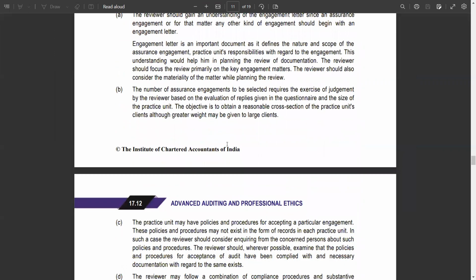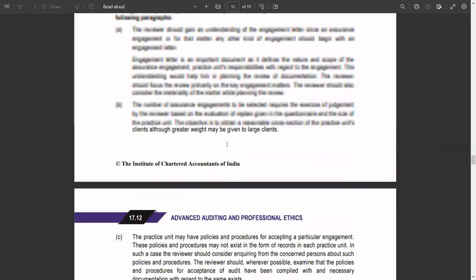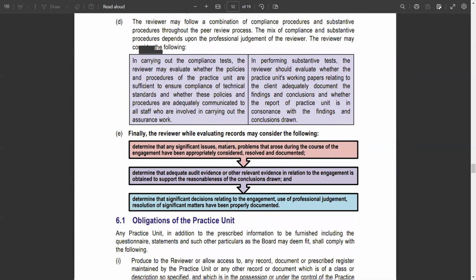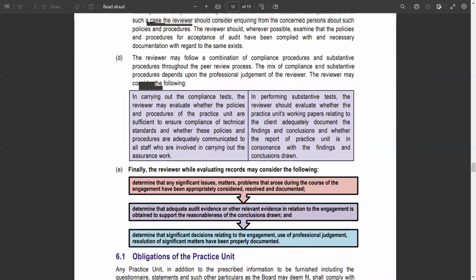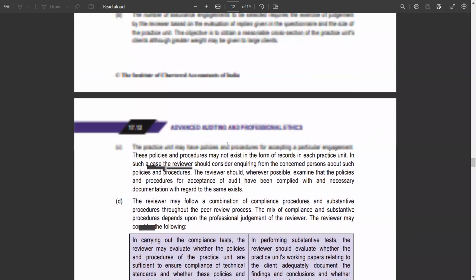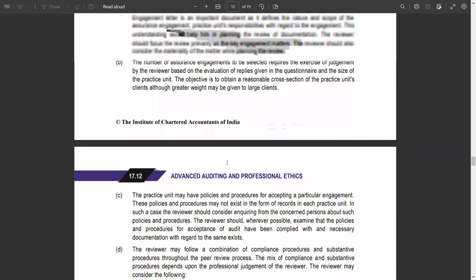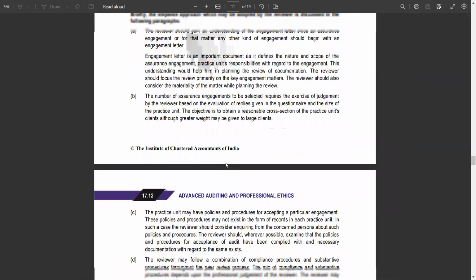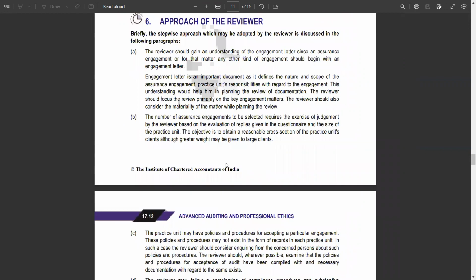So the approach of peer review is very simple. I'll tell you a sequence of reading these points and learning these points. The first point is, whenever you are given the opportunity to peer review, what will be the first thing you will do?